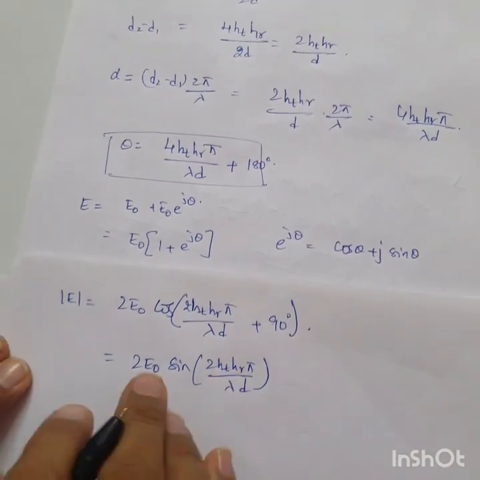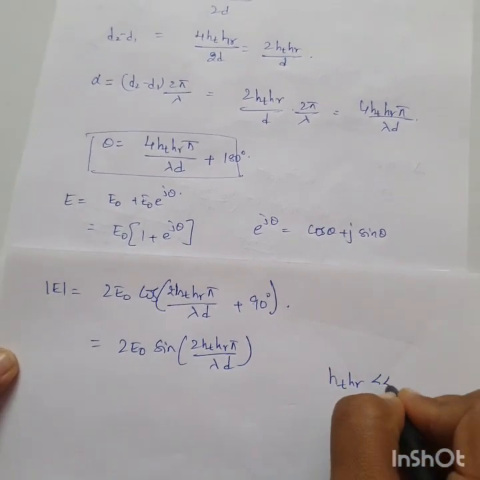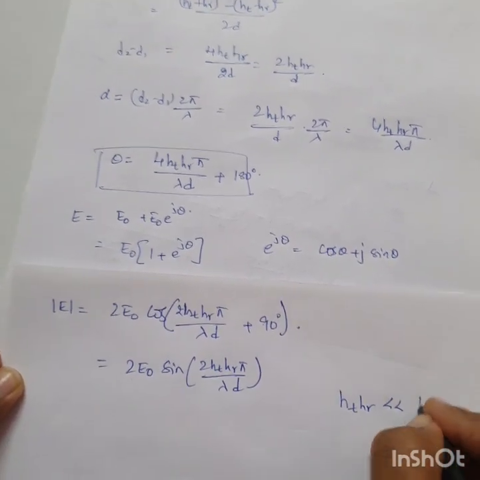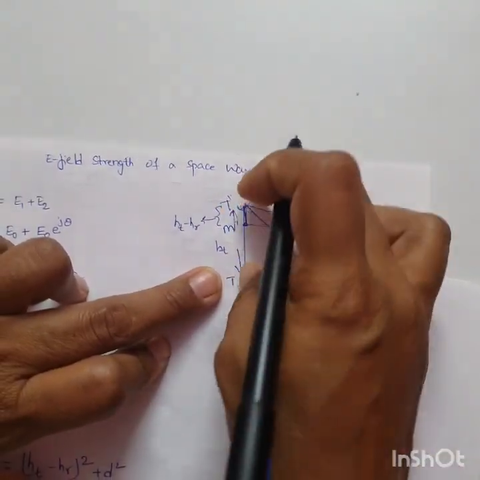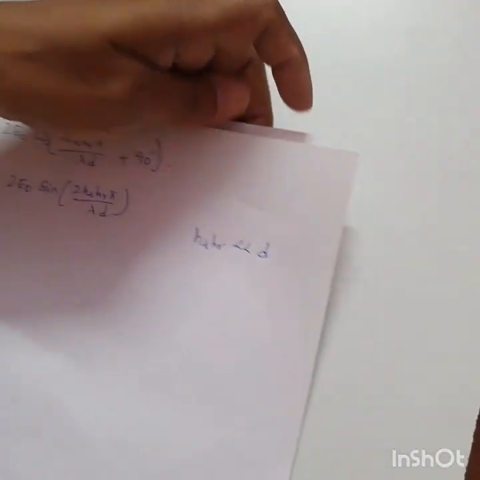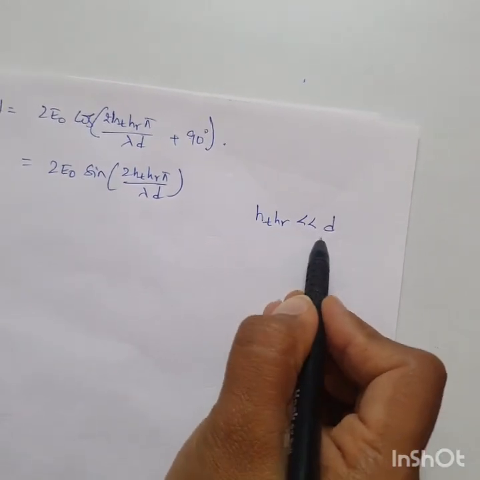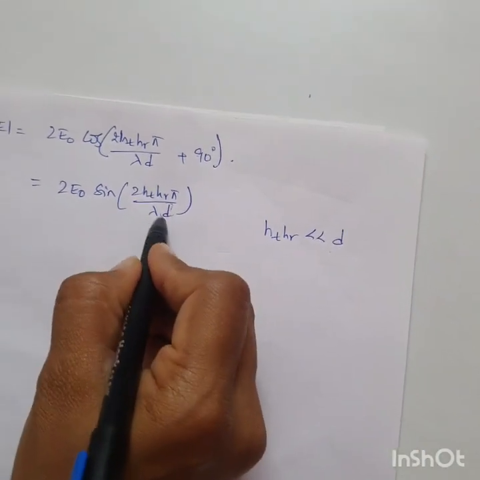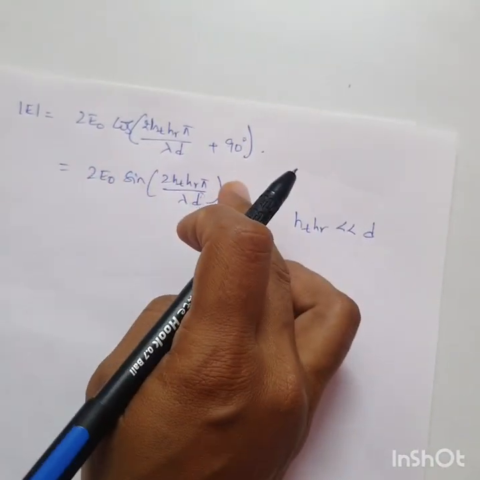Always the heights of the antennas are less than the distance between the two stations, the transmitting and the receiving stations. This D is large enough when compared to the heights of the antennas. So we always take this product ht and hr as less than D. If D is very large, then the value within that sine becomes very small, right?